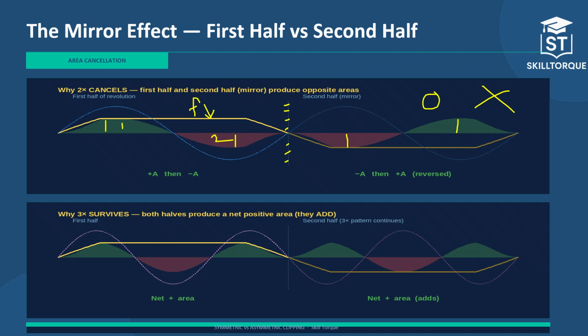Now let's discuss what happens in the waveform with the 3x, or third harmonic. Imagine three complete cycles in one complete cycle of the fundamental. That means each half cycle consists of 1.5 cycles of this harmonic.